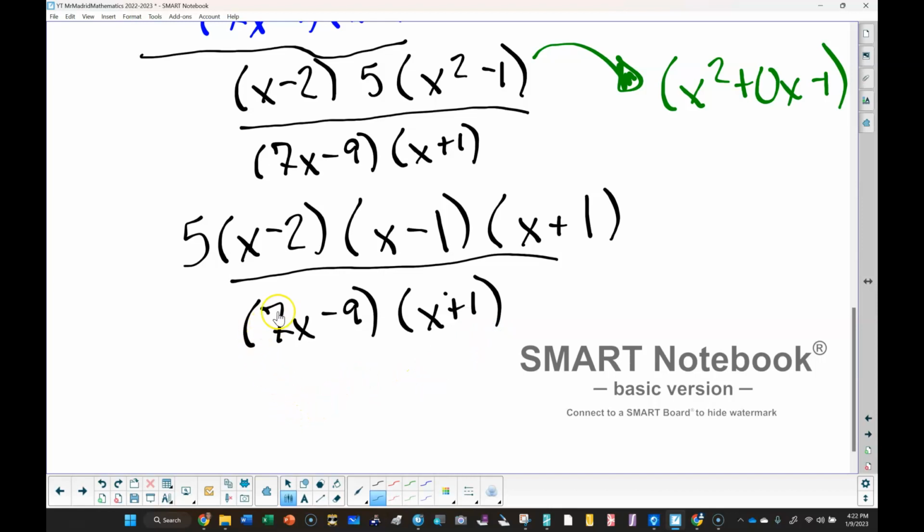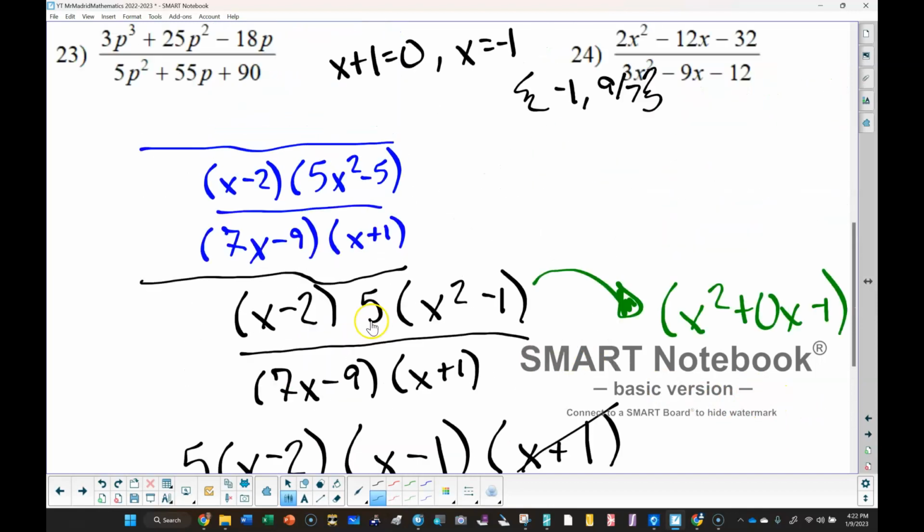So at this point, depending on how the class does, I may not include these come test time, but at least give it a chance to work on your skill as best as you can. So anyways, at this point we notice that this x plus 1 and this one cancel out. And beyond that, do we have anything else that cancels out or that we can do anything else with? No? Okay.